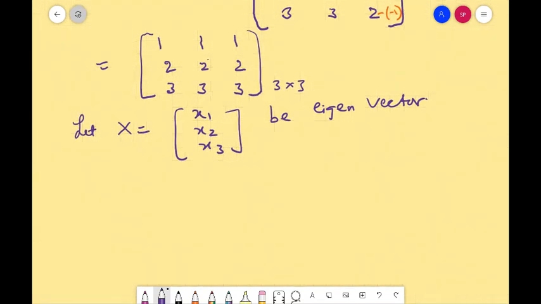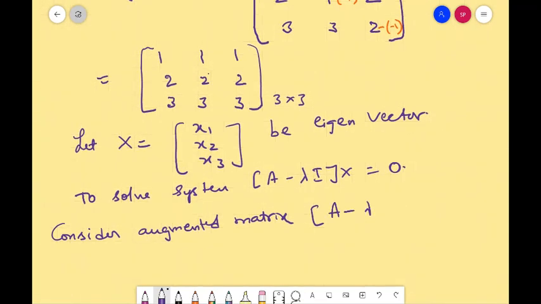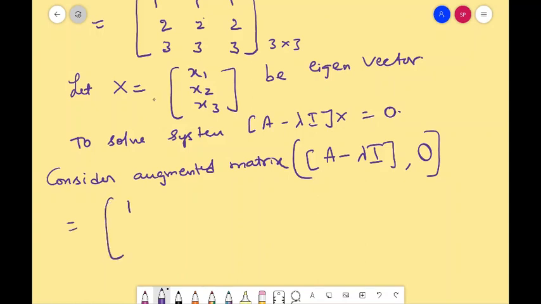So to solve the system of equations (A minus lambda I) x equal to 0, consider the augmented matrix (A minus lambda I, 0). That is equal to 1 1 1, 2 2 2, 3 3 3, and 0 0 0.